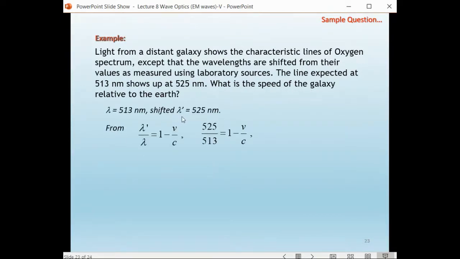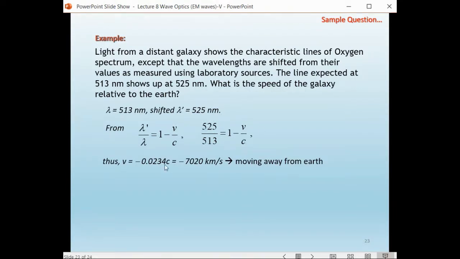So the shifted wavelength lambda prime is 525. Substituting these values into the equation in the previous slide, that will give us 525 divided by 513 equals 1 minus v over c, where c is the speed of light in vacuum.